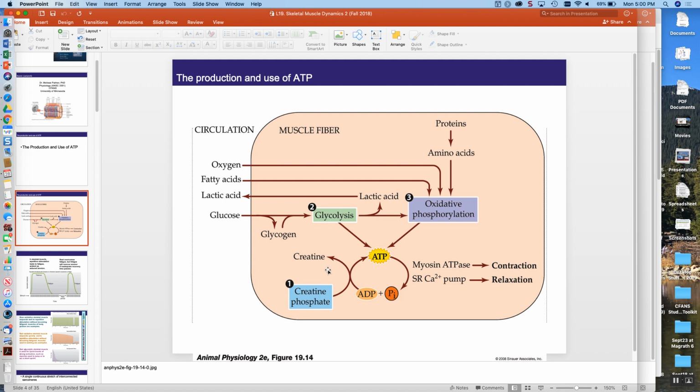In the first few seconds of any intense exercise, creatine phosphate comes into play here. There's an enzyme that will convert creatine phosphate to creatine. It takes that inorganic phosphate and adds it directly to ATP. So that will help buffer any kind of depletion of ATP, but only in the first 6 seconds of any intense workout.